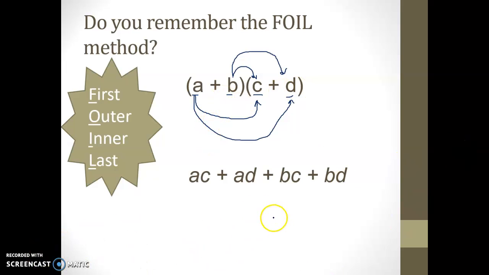Now, some people prefer to write this a different way. I don't know if I can fit this on the screen, but I'm going to try. Some people prefer to write it like this. They make themselves a little chart here. A times B and C times D. And we're going to multiply A times C here. Well, A times C is just AC. And in this box, we're going to multiply C times B, which is CB.